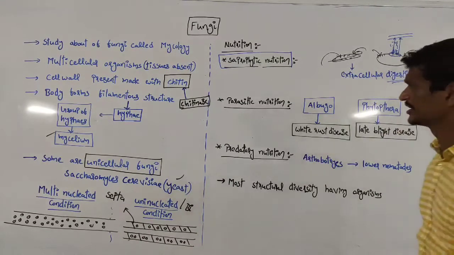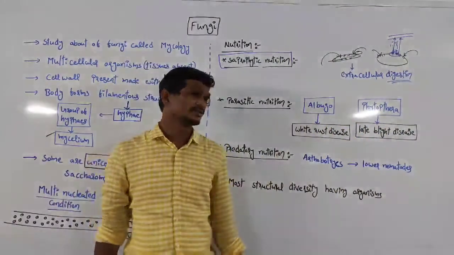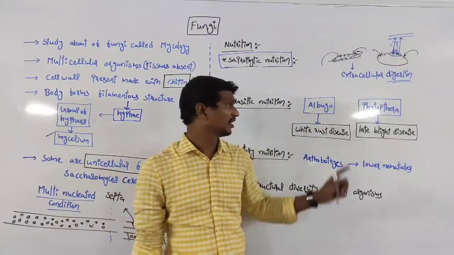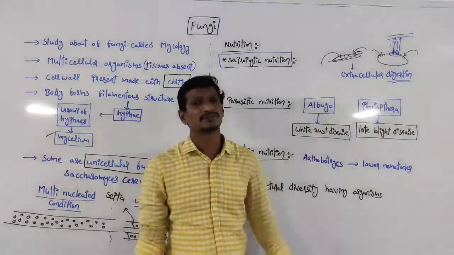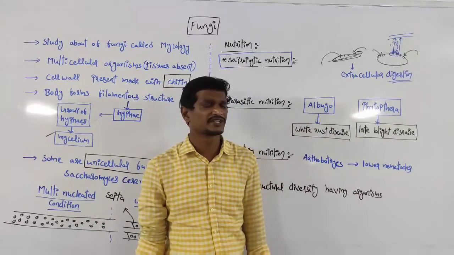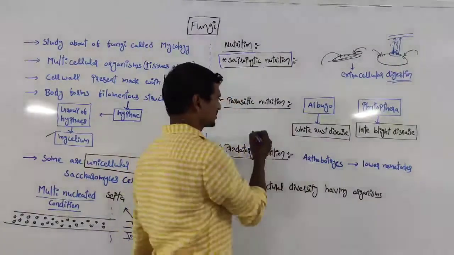Right? And in certain cases, parasitic nutrition. See here the best example, Albugo. Albugo is one of the fungi which attacks some plants of the Cruciferae.